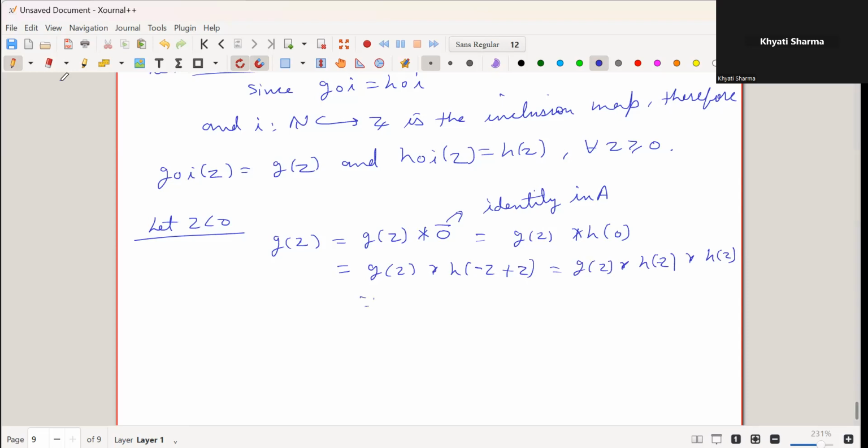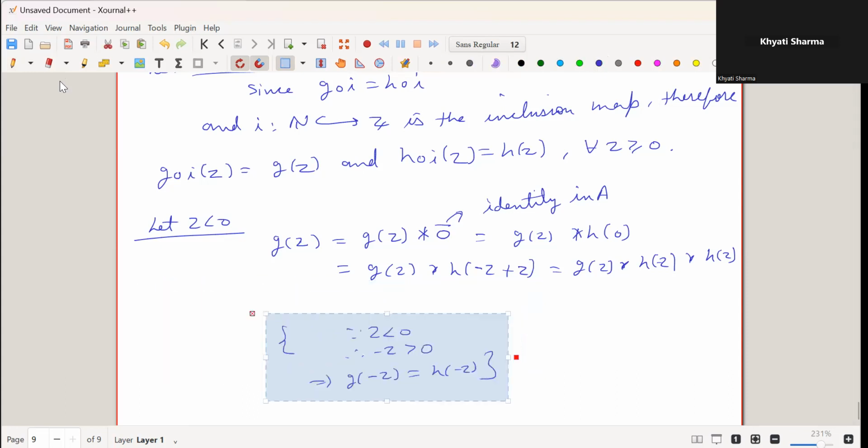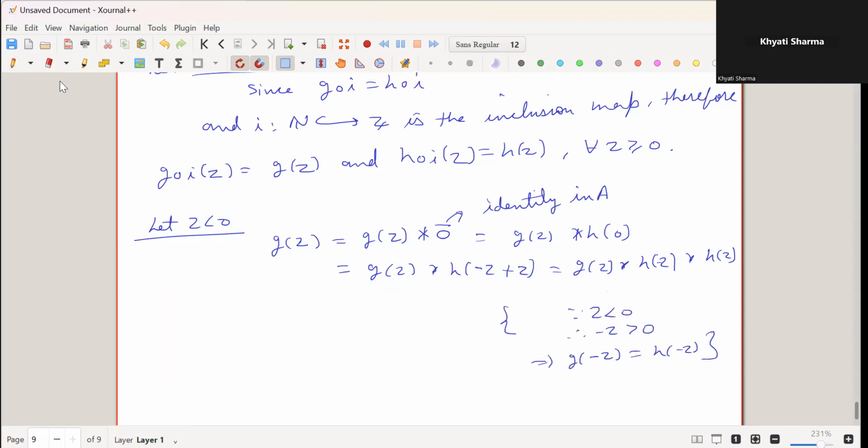And since z is less than 0, therefore minus z is greater than 0, which implies G of minus z equals H of minus z. We will use this here.